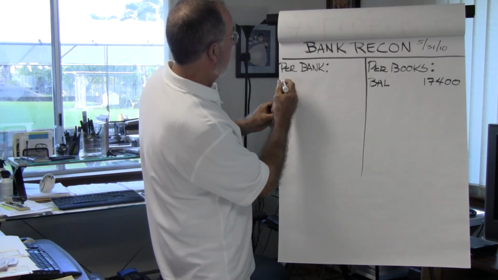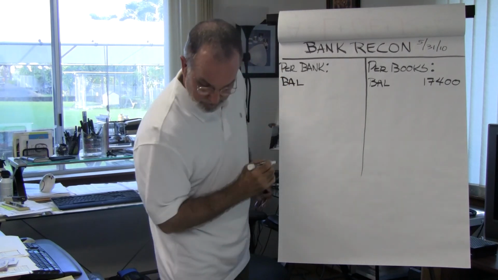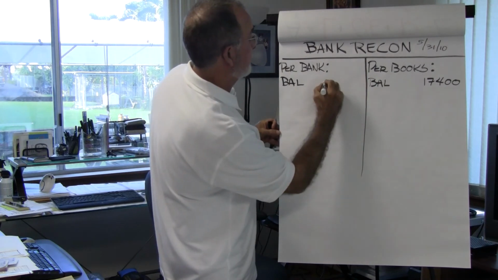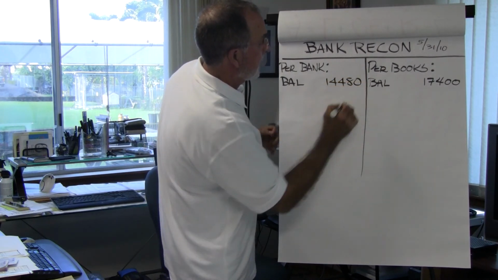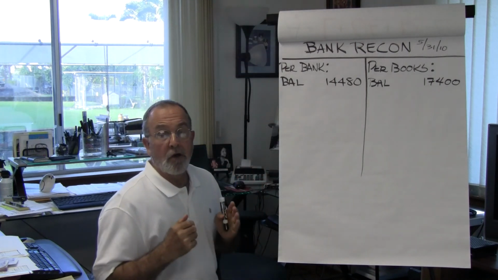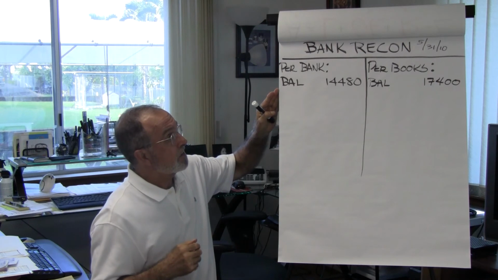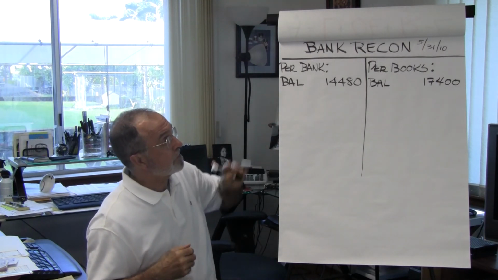So that will be our beginning point for our bank reconciliation, $14,480, on the bank side of the page.